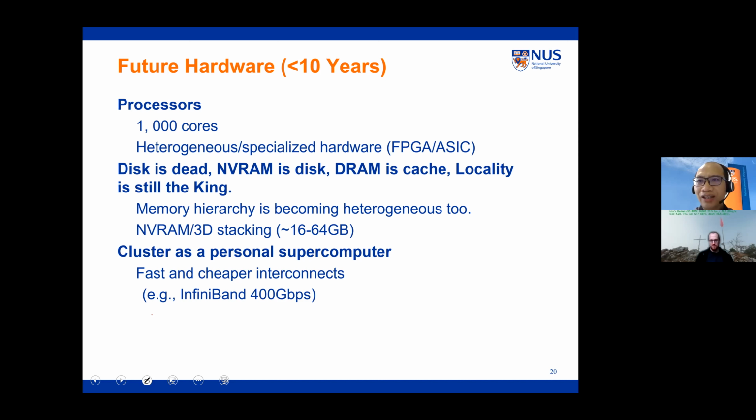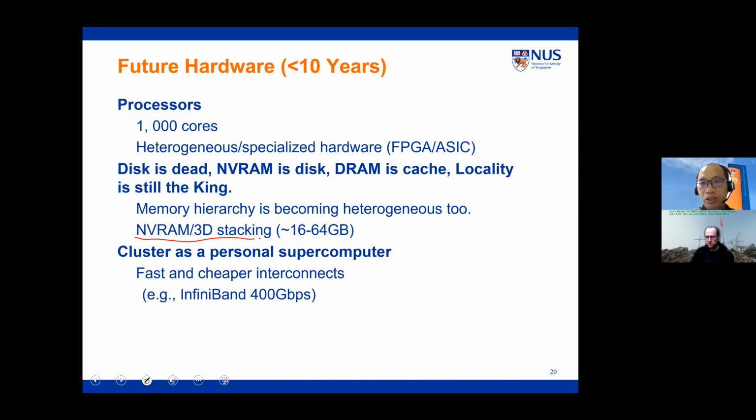So on the processor side, we definitely have more cores, and also we have heterogeneous architectures inside, as we expect more computation-intensive workloads like deep learning or whatever. And on the storage side, as we mentioned, the price will drop, and then we have more powerful memory systems also.